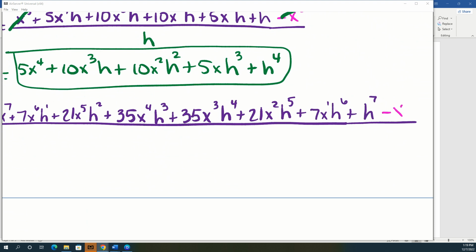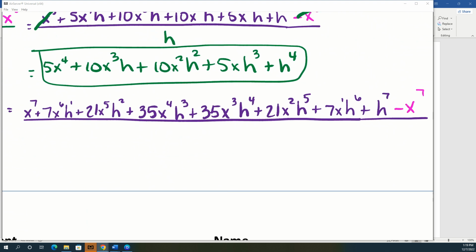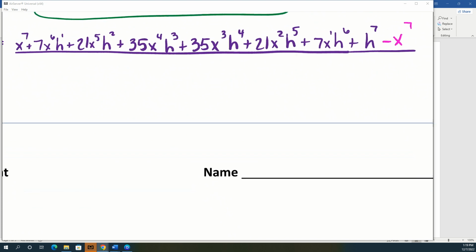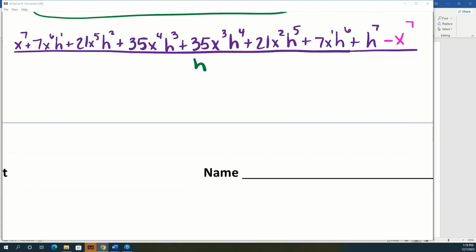Then I will subtract the original function, which was x to the seventh, and I am going to divide by h. All right, so just like the last one, everything on that numerator that doesn't have an h cancels out.